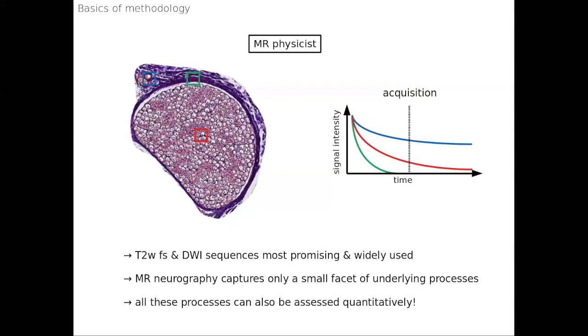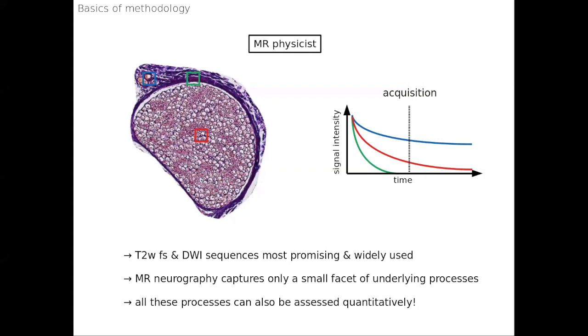For instance, you have quite fast T2 decay in fibrous tissue, and depending on how the acquisition parameters are set, especially the echo time in T2 images, you will have a kind of snapshot of what structure will give you the signal.